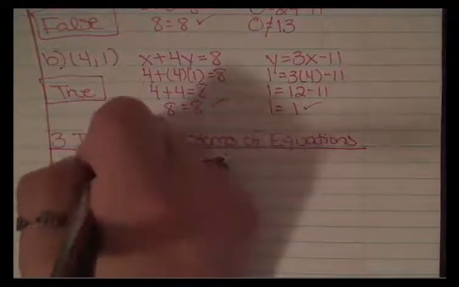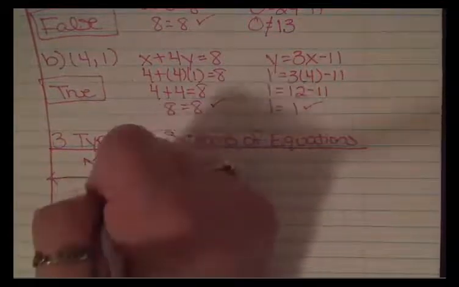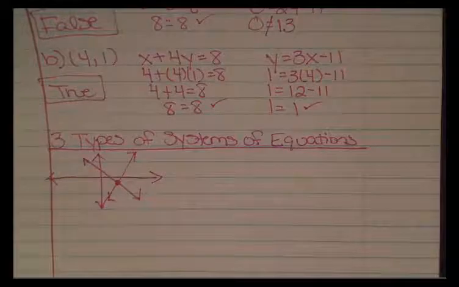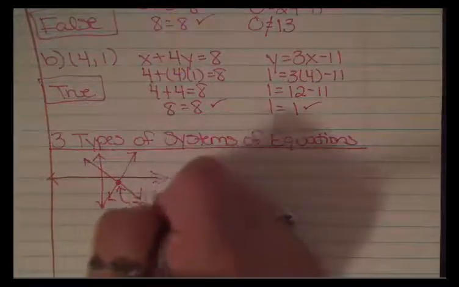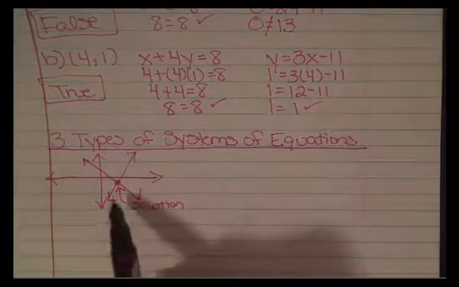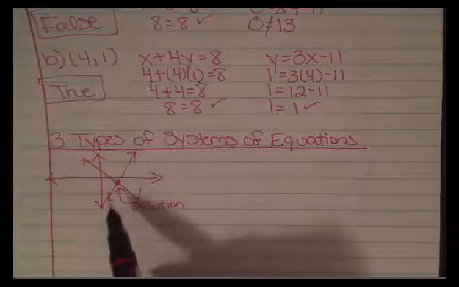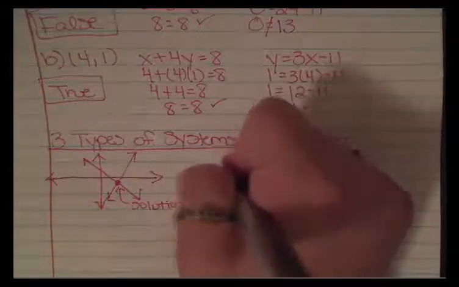Here's your line, and here's another line. So they intersect at that one point, and so that one point is your solution. Because that's the only point that those two lines have anything in common. So this type of system of equations has only one solution.